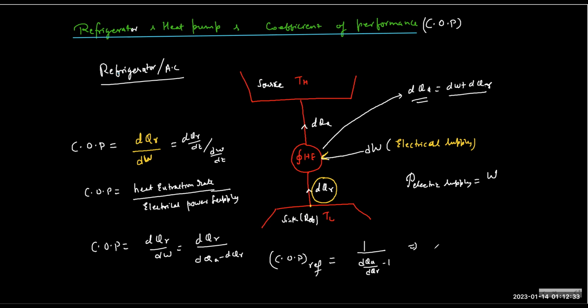Okay, so we know the efficiency relation, right? So can we relate the efficiency here? So COP of refrigerator is how much? 1 upon (dQA by dQR minus 1).